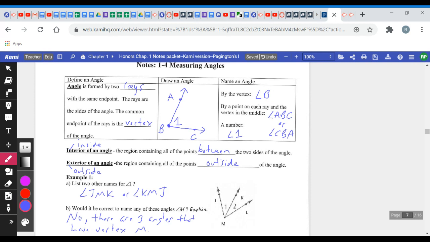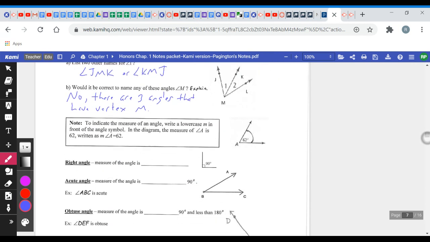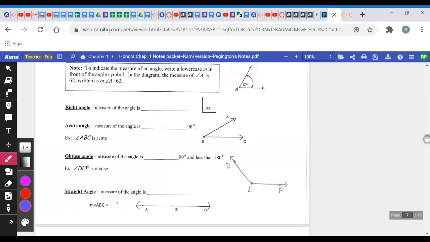I could be referring to angle JMK, which is angle 1, or KML, which is angle 2, or even this big angle, angle JML. So if I said M, you wouldn't know which one I was referring to. Okay, so let's go ahead and get that moved up and go for the next part.